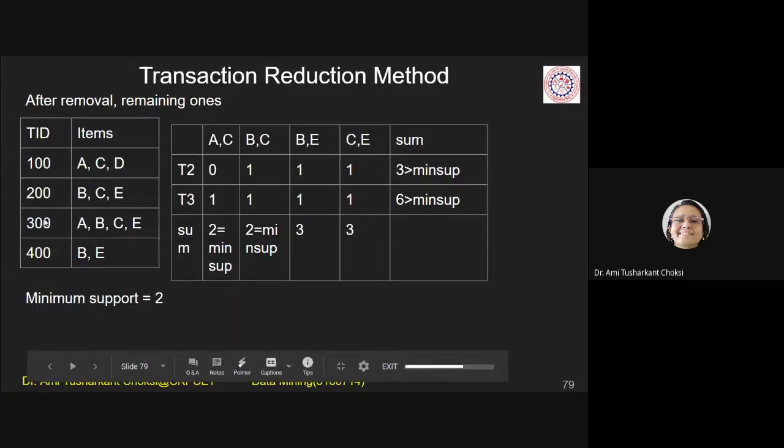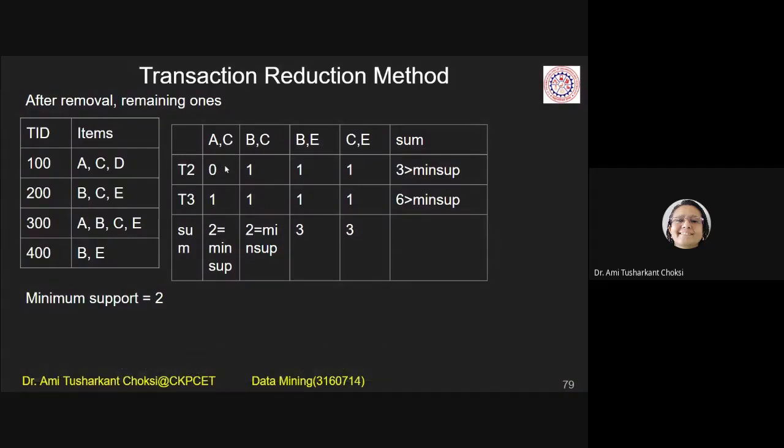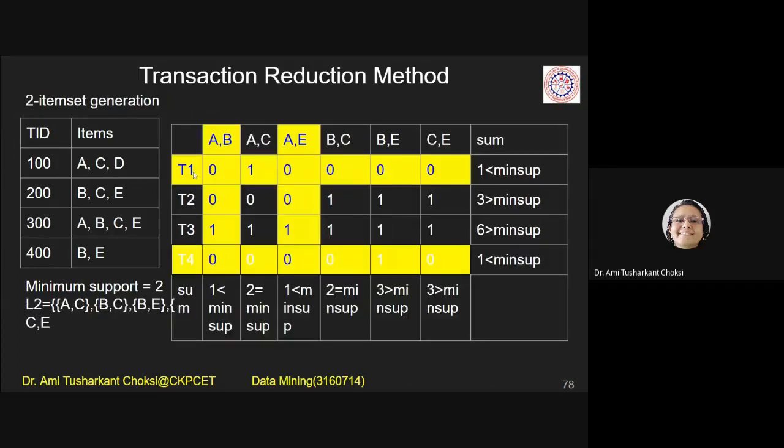T1, T2, T3, T4, they are there, right? Now what to consider? AC, BC, BE, CE. This is what we have already considered, right?